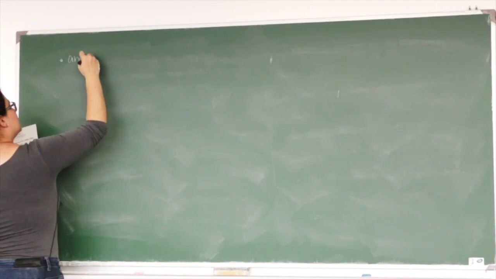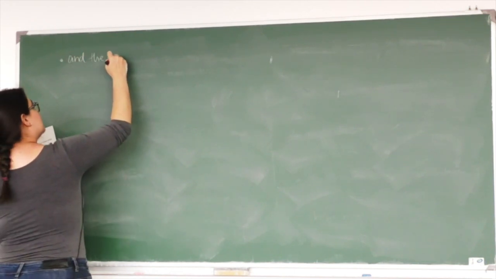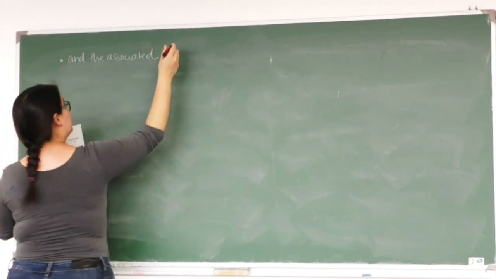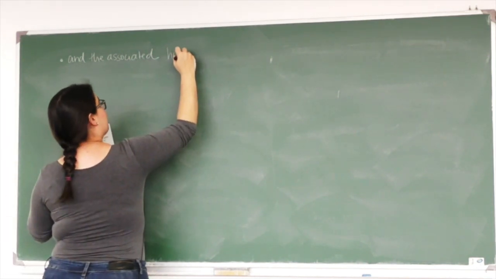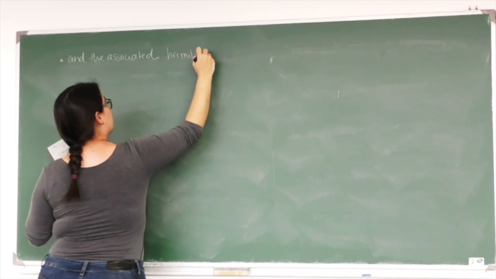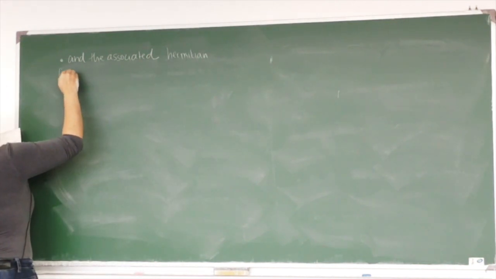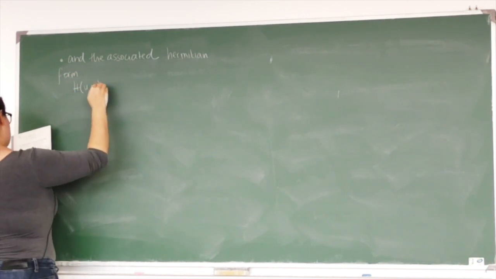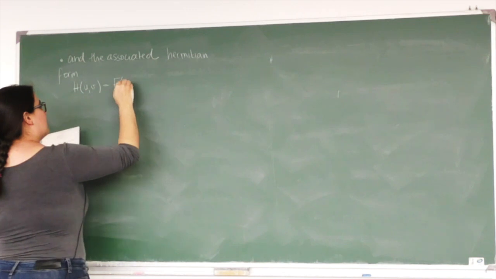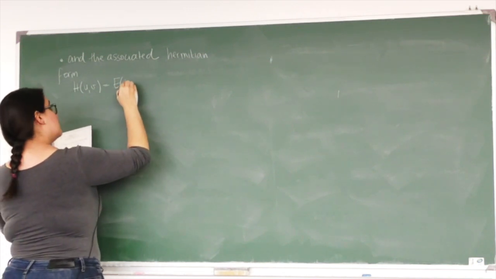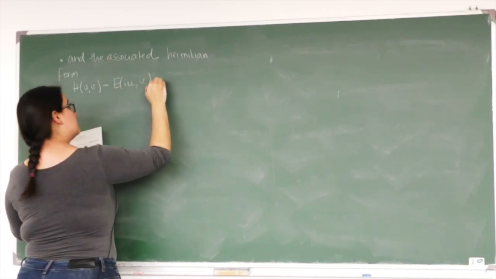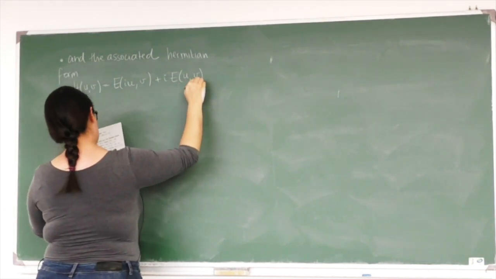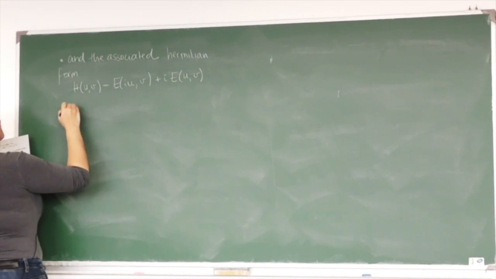And the associated Hermitian form H of u, v, equal to E of iu, v plus i E of u, v, is positive definite.